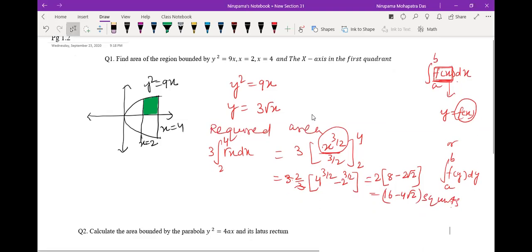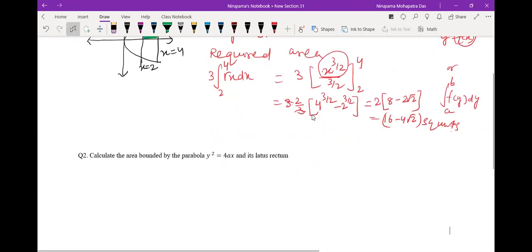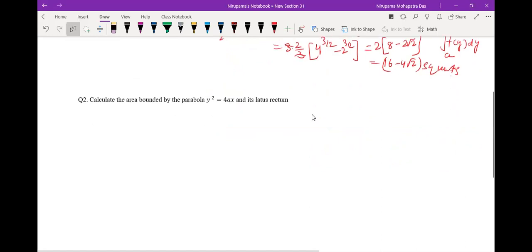Okay, next question is calculate the area bounded by the parabola y square equal to 4ax and its latus rectum. So y square equal to 4ax is a parabola like this. First step, draw the rough sketch.